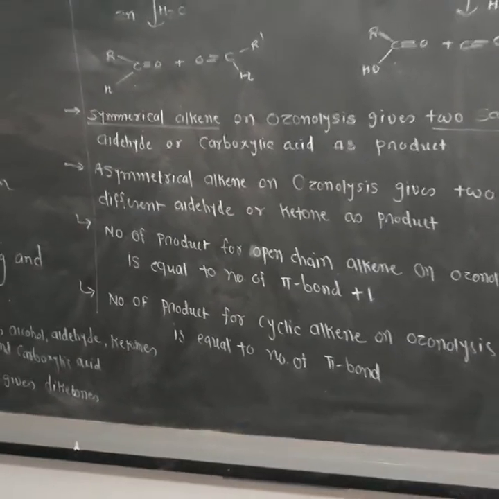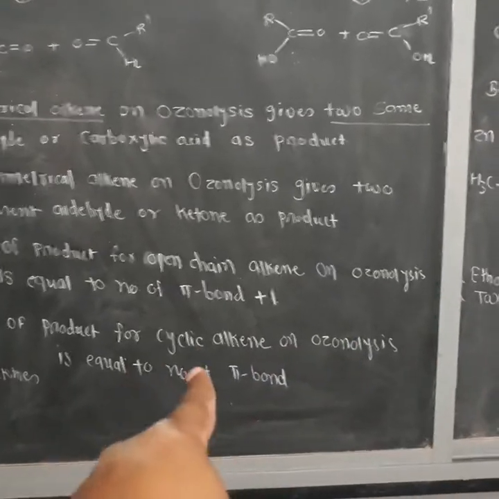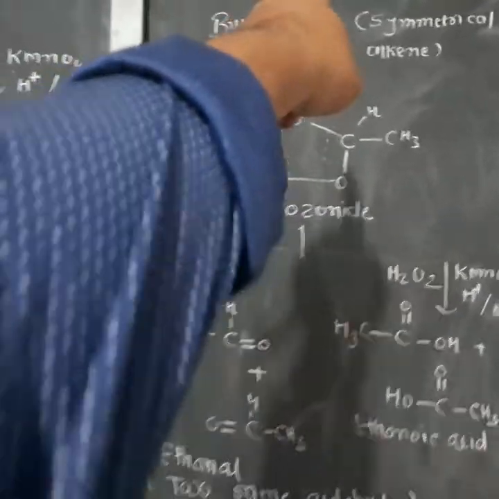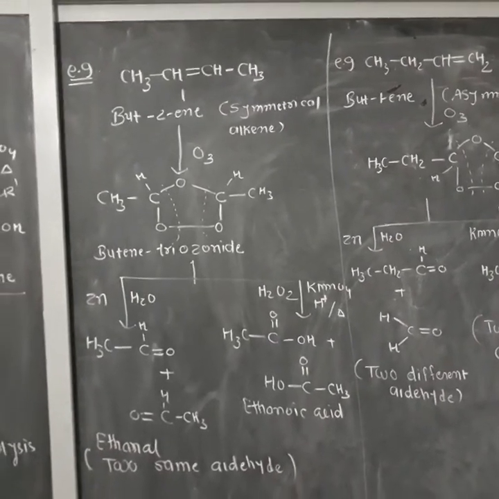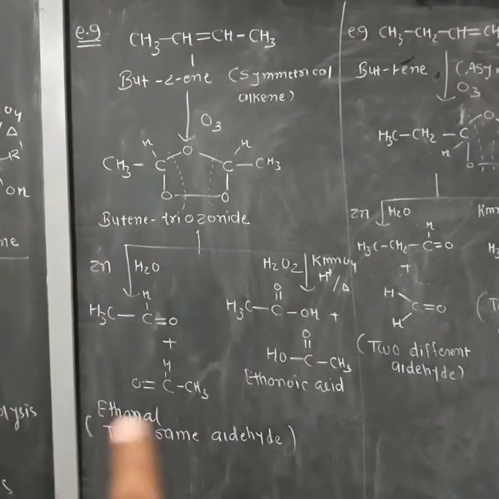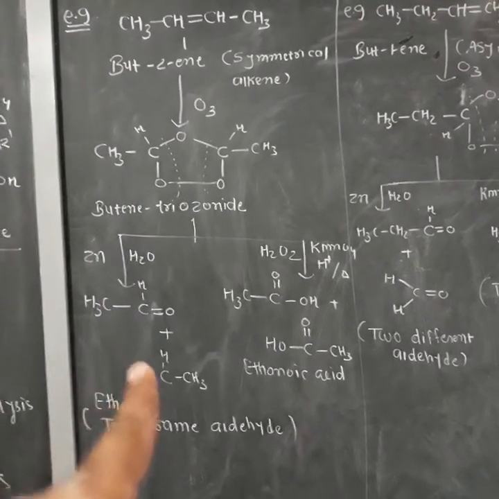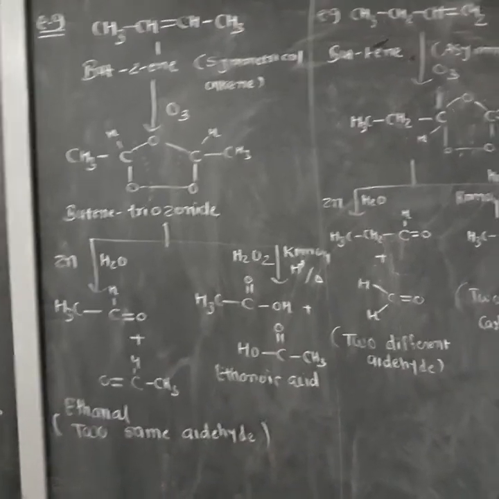Now, second, the number of products for open chain alkene is number of pi bonds plus 1. You can observe, 2-butene is an open chain alkene. So it is a symmetrical alkene and an open chain or acyclic alkene. On ozonolysis, 2 aldehydes, ethanal plus ethanal, or ethanoic acid plus ethanoic acid, two products.